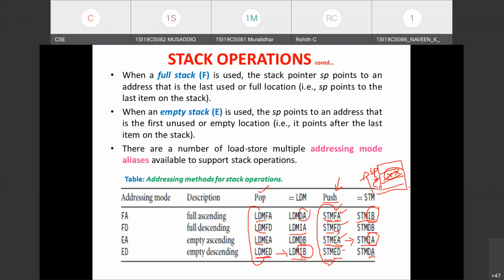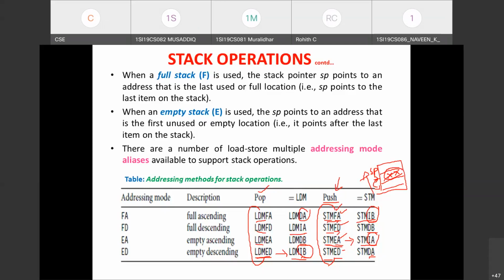In this table we are seeing all this information. If you have clearly understood what is meant by full stack and empty stack, ascending stack and descending stack, you can clearly analyze these instructions. Remember, in general, if I am dealing with push, the STM instruction is used. If I am dealing with pop, it is the LDM instruction.